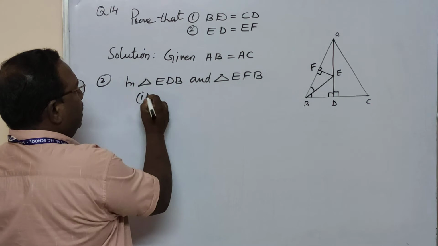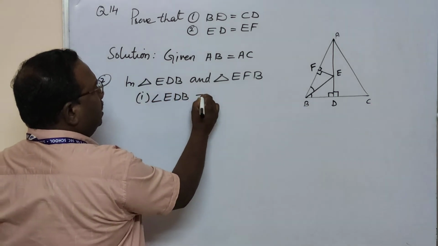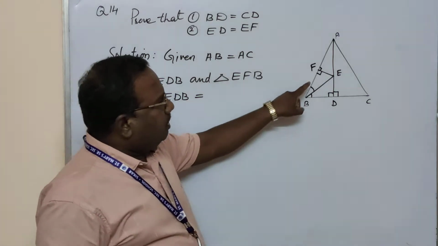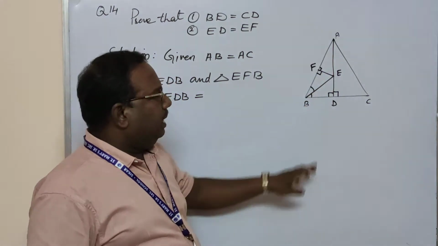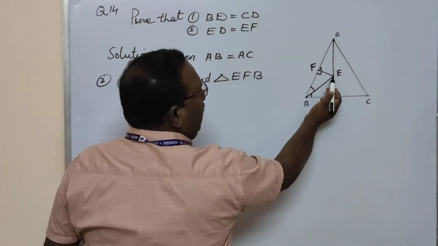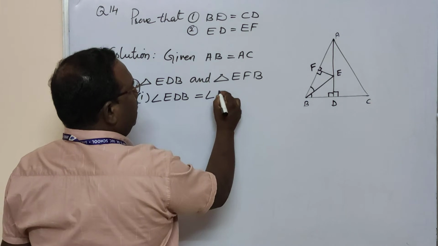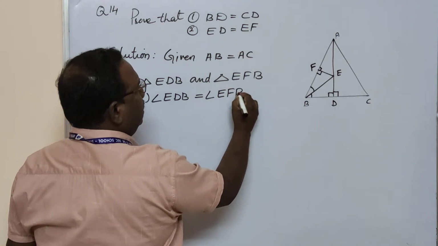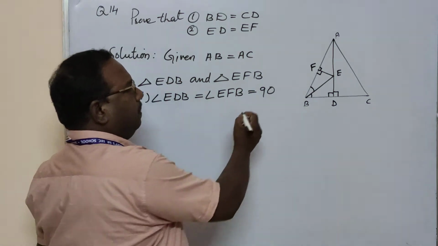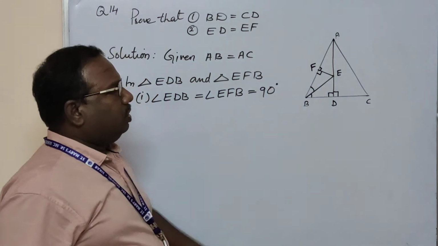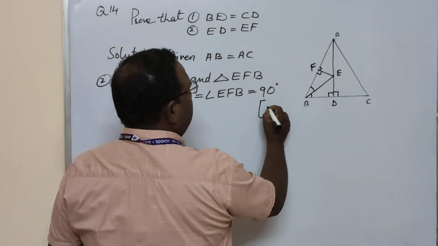Point 1, angle EDB is equal to, what is the measure of angle EFB? This is also 90 degree. So let's write angle EFB each equal to 90 degree. It's also given in the question. So let's write reason given.